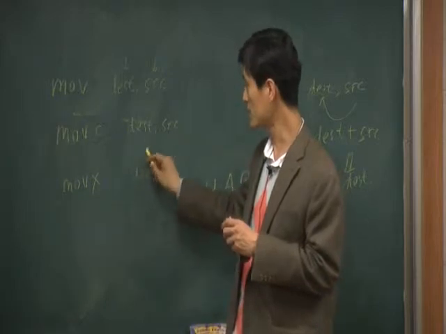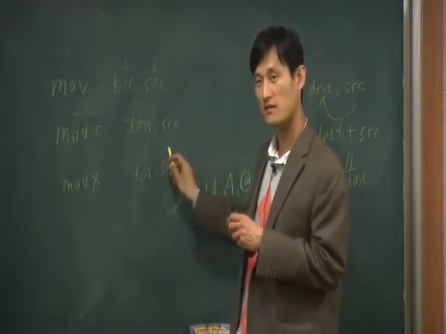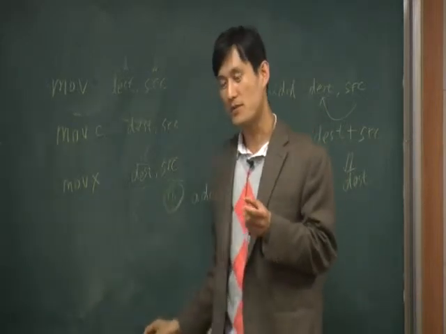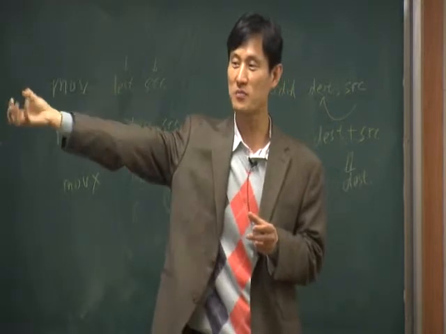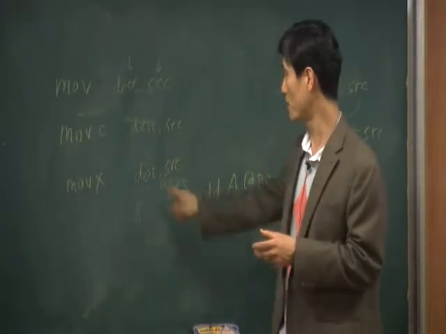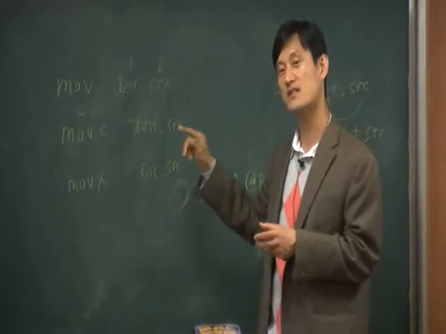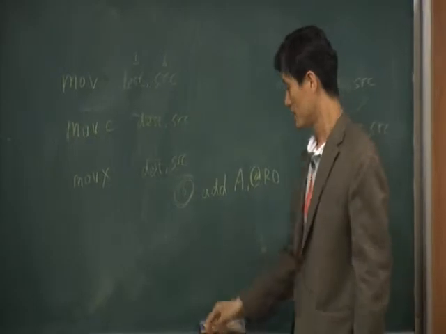In that case, this is going to be 16-bit, and that is going to be 8-bit, right? Sometimes you want to copy between external addresses. I read the value from the external and copy it into another external address. In that case, both of them will be 16 bits. So that's the difference.